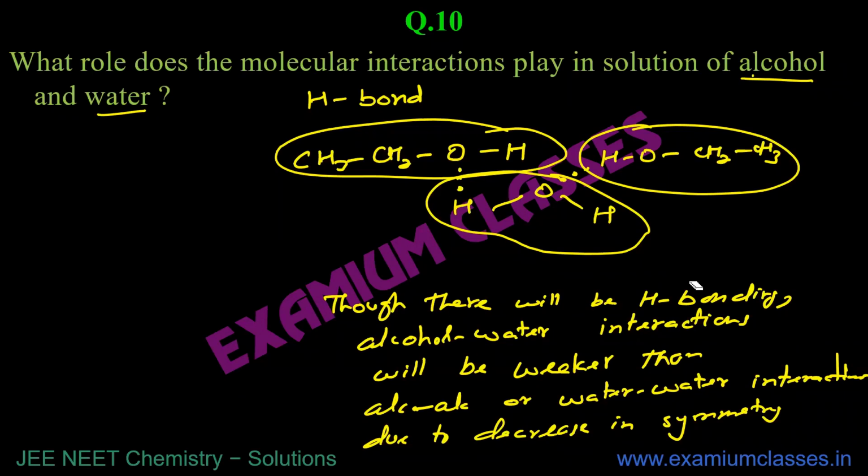So tell me whether it will be positive deviation or negative deviation when interactions become weaker. You can write in the chat box, everyone.